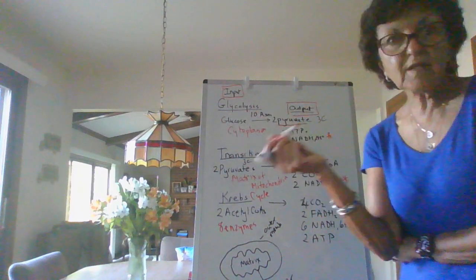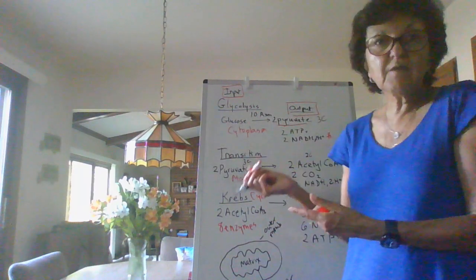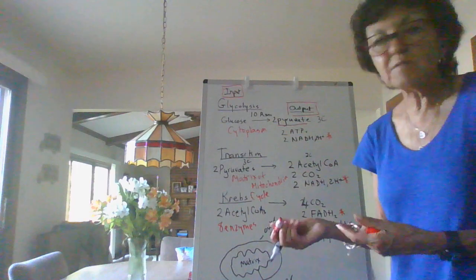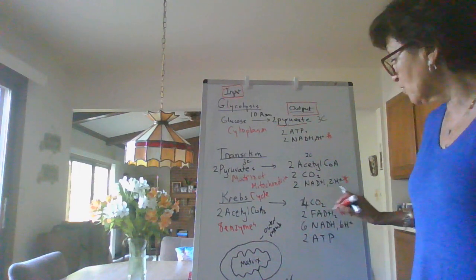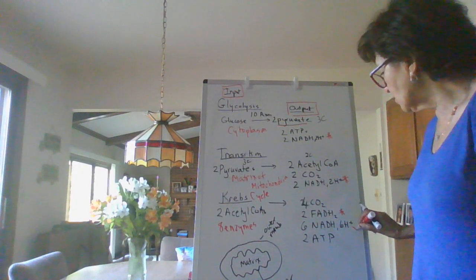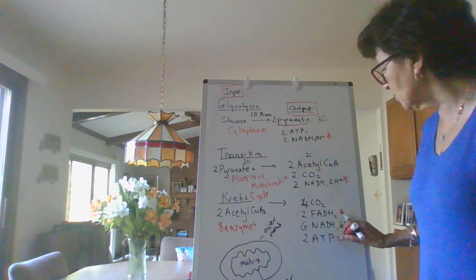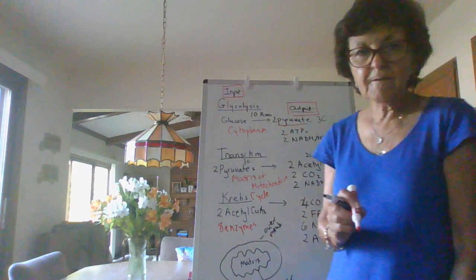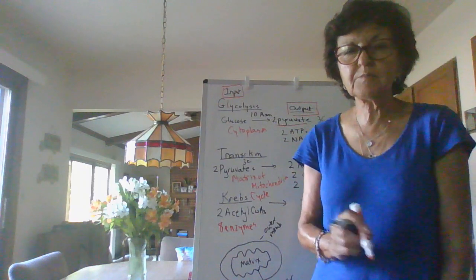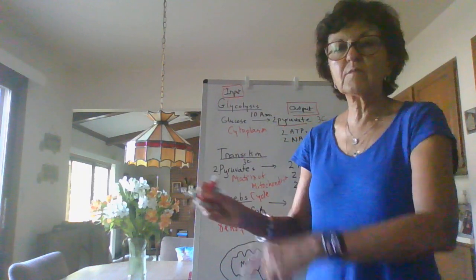Remember, that's why you're seeing all these B vitamins involved now in metabolism. So this is important. The NADH is also produced in Krebs, and you're getting a nice little bonus. You're getting 2 ATPs. They're actually produced as GTPs, but then we can turn them into ATPs.